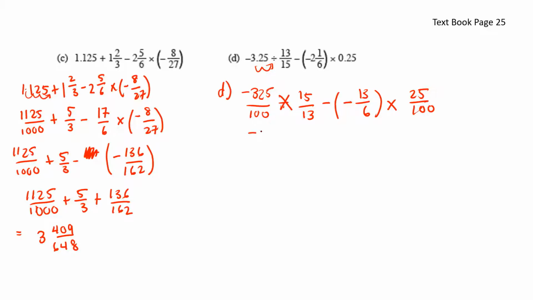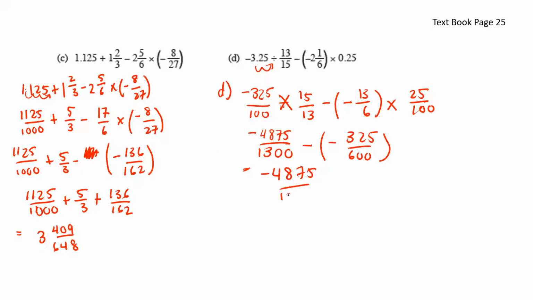That will give us a negative 4875 over 1300 minus negative 325 over 600. And this will give us negative 4875 over 1300. Negative gives us positive 325 over 500. Put this in your calculator and we'll get negative 77 over 24. Simplified it will give us 5 over 24.